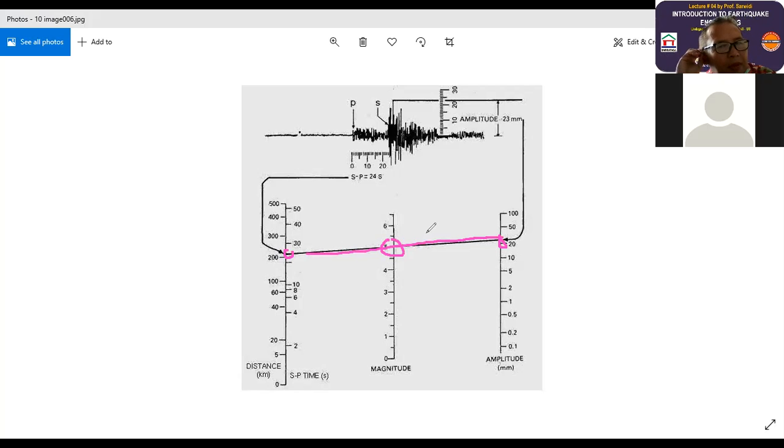Professor Charles Richter only put a maximum of about 6.5 magnitude. But in reality, an earthquake could be up to 9 or 10 scale, a maximum of about 10. So for the rest, we call it only magnitude.